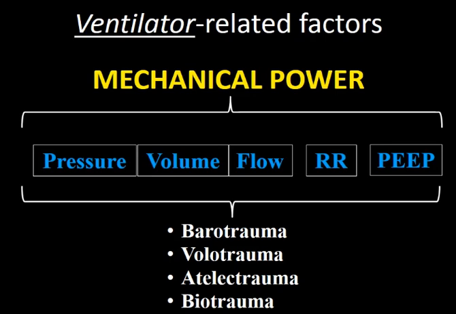Doesn't make any sense. Mechanical power is nothing else than a title of the book, which includes different chapters. The chapters are the pressure, the driving pressure, the volume, the flow, the frequency, and the PEEP. All this in a particular set may kill the lung.